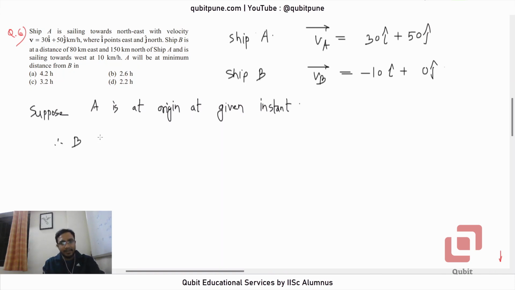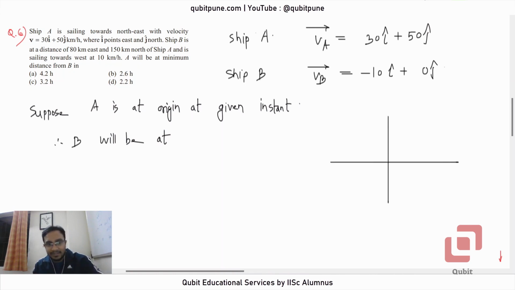So where will B be? 80 kilometers east and 150 kilometers north of ship A. Suppose A is here. B will be 80 kilometers east and 150 kilometers north. So B will be somewhere here, 80, 150.